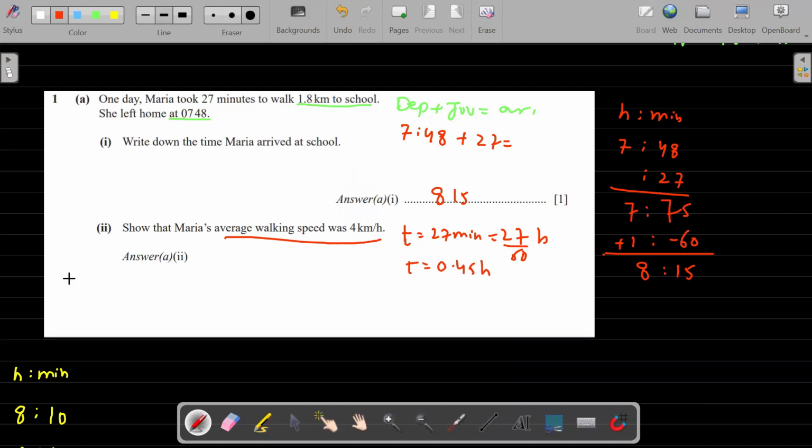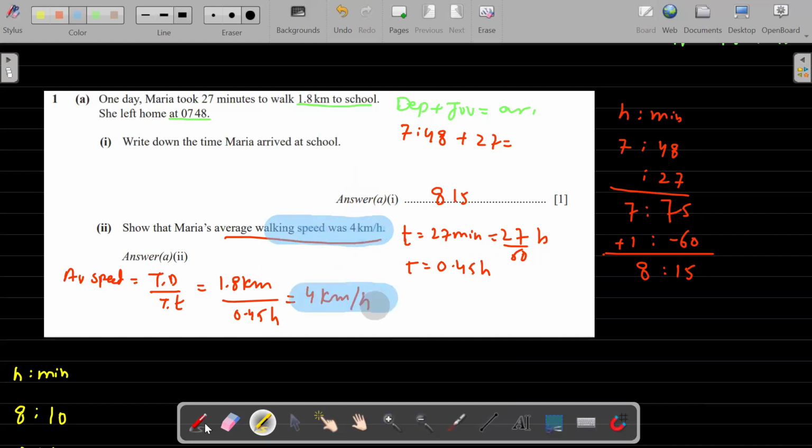Now let's calculate the value. Average speed is total distance over total time. Total distance is 1.8 kilometers. Let's divide them. It is exactly 4 kilometers per hour. It says that proof is equal to this, and we can see that our average speed is equal to this.